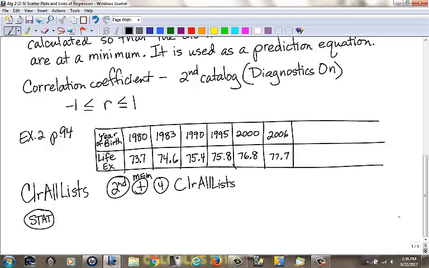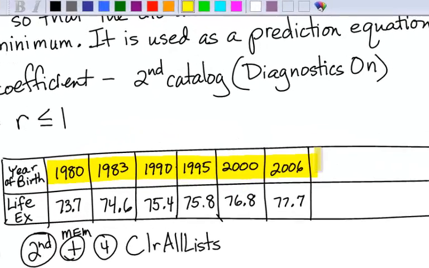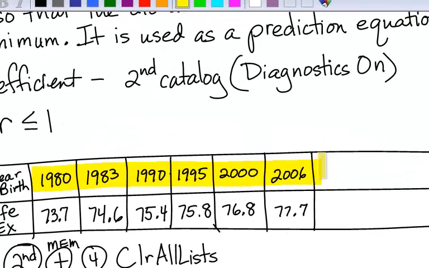Now we are going to enter this data. I recommend you use both hands: one hand on the enter key, the other typing it in. We're going to put this in L1, going down. So do 1980 and press enter. 1983, enter. 1990, enter. 1995, enter.